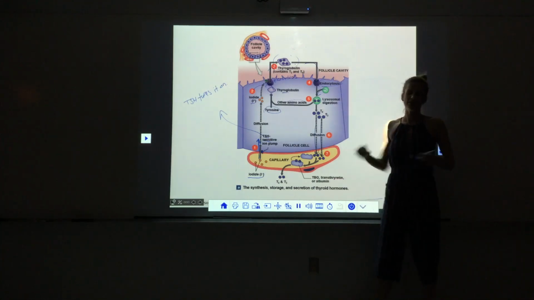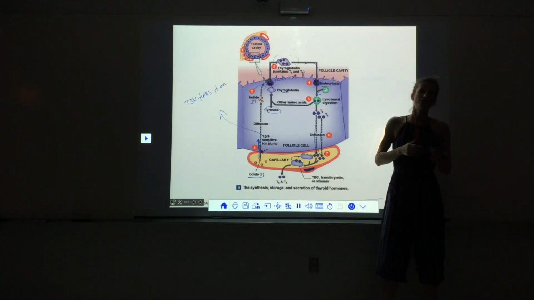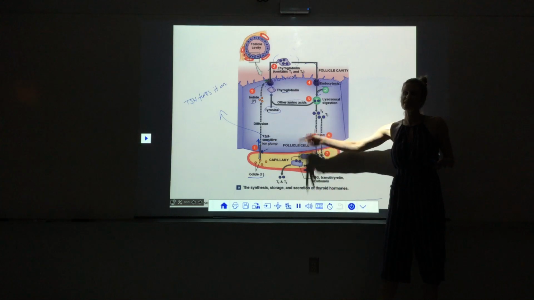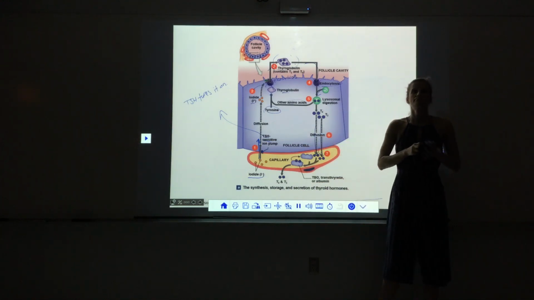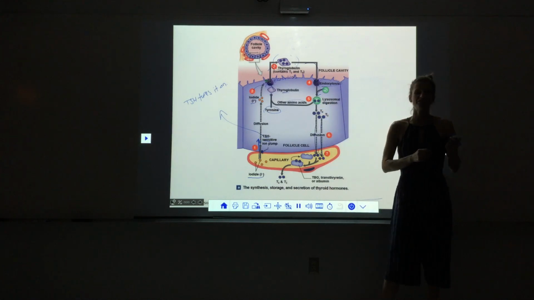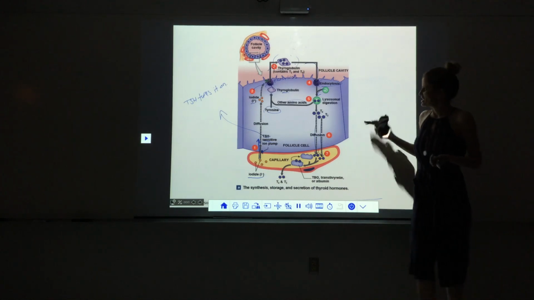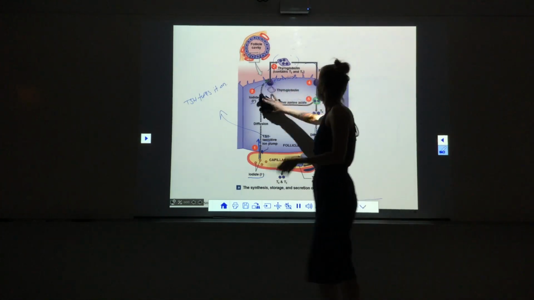What hormone stimulates all of this? TSH. What hormone stimulates the uptake of iodide? What hormone stimulates the production of thyroglobulin? What hormone stimulates the release of the thyroid hormones? Beautiful. Where does TSH come from? Good. So that's the gist, right? I want you to understand the point of all of it.